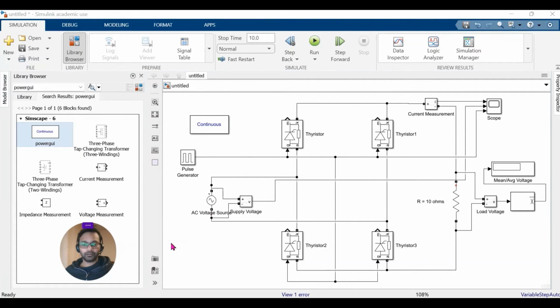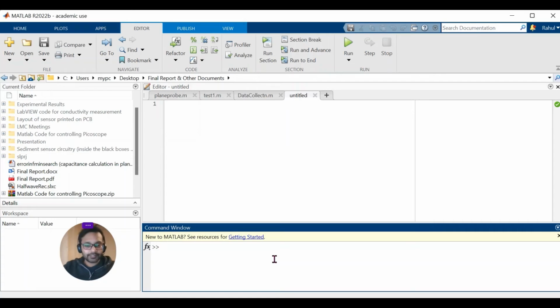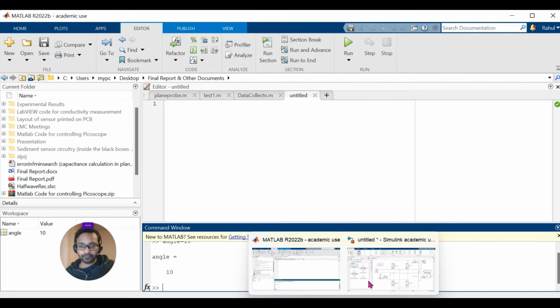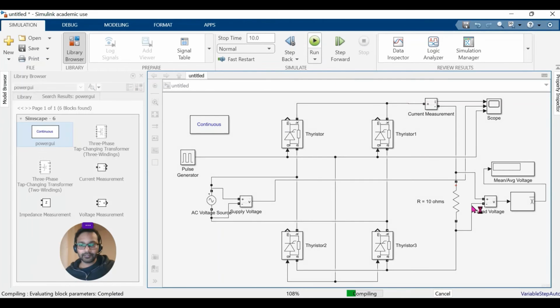Now the last thing which I need is, I need to set the value for the variable which I'm using. Okay, so let's set it to 10. Okay, now let's run the circuit.